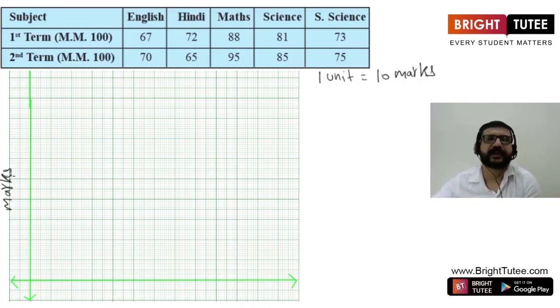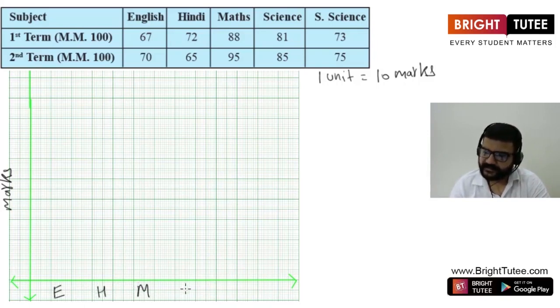And the horizontal line will be representing different subjects. Let's mark it here. Let's represent English with E, Hindi with H, mathematics with M, science with S, and social studies or social science with SS.